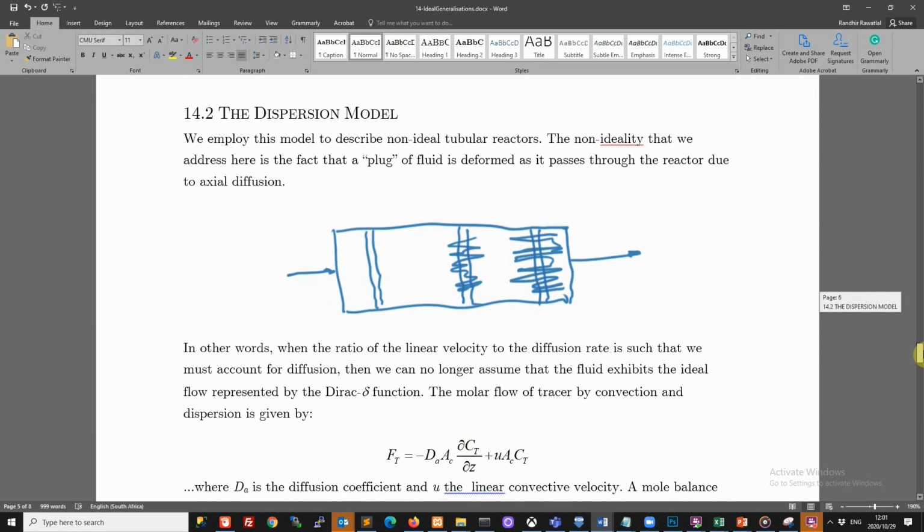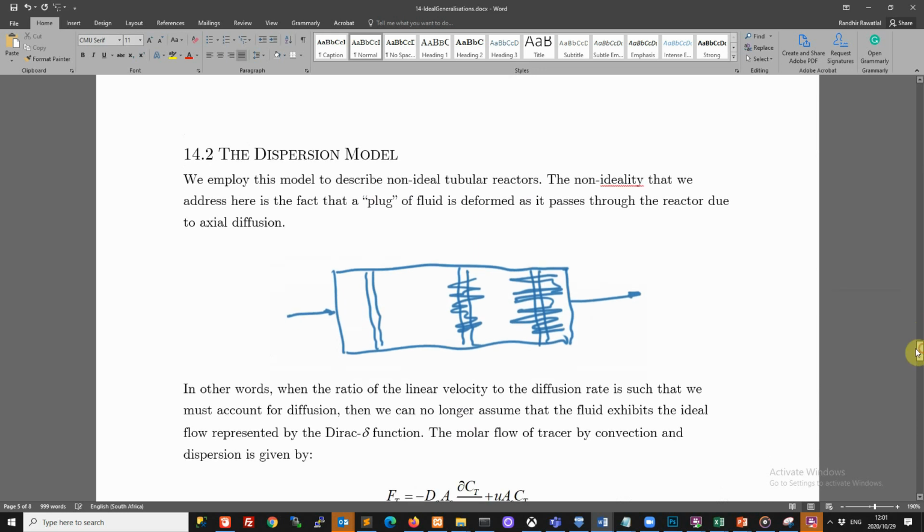And that's what we look at here in the so-called dispersion model. So in this dispersion model, we can imagine that we start out as a plug. So we have some tubular reactor and we've got a stream coming in. And we can imagine that when we just enter into that reactor, we've introduced a new packet of fluid, and so it's relatively cohesive, and the molecules haven't really had time to mix as yet, so the molecules might be close to a kind of plug there.